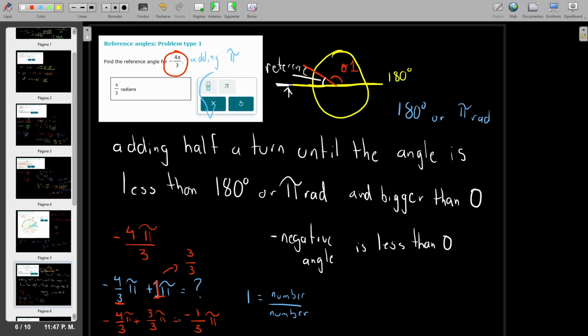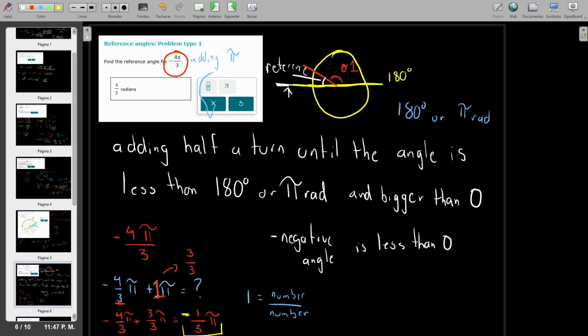This value is still a negative number. Remember, we need to find this condition: less than 180 or pi radians and bigger than 0. This is negative, so it is still less than 0.